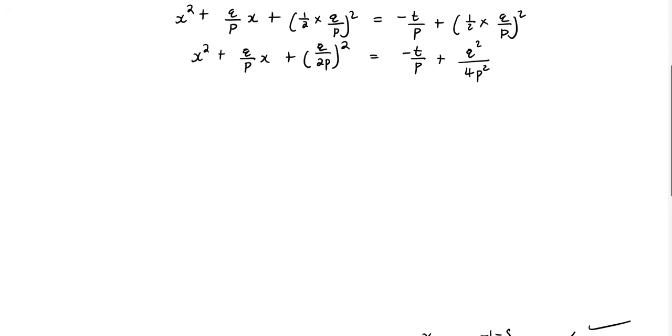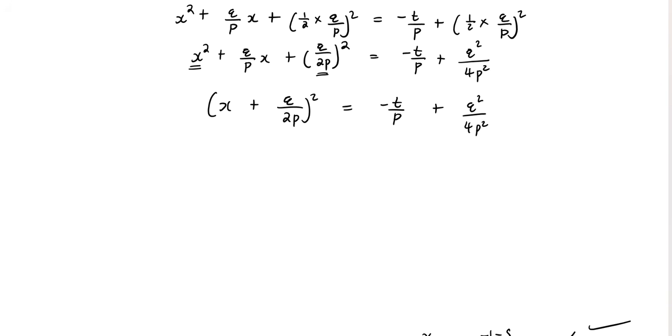So what do we do here? We take x and the number in front inside this square, and we put them inside a bracket. So it's x plus q over 2p squared is equal to negative 3 over p plus q squared over 4p squared.